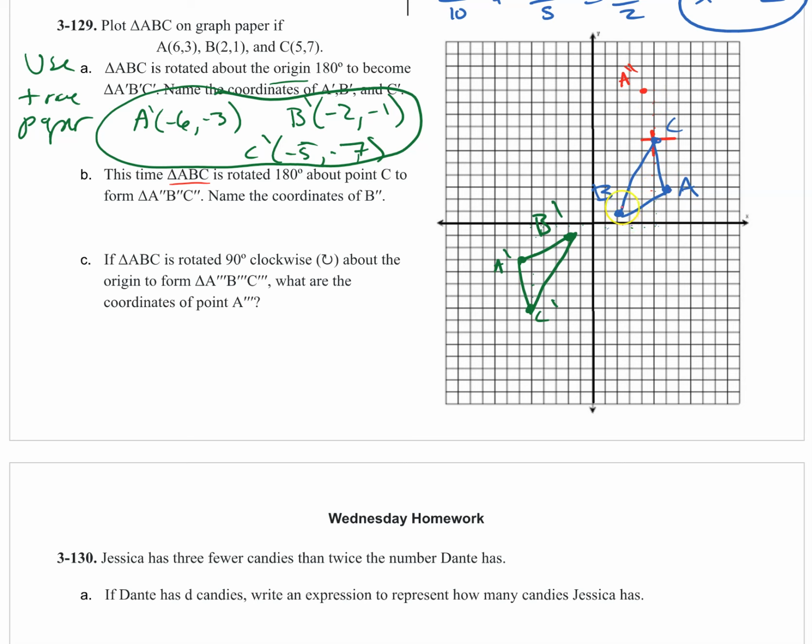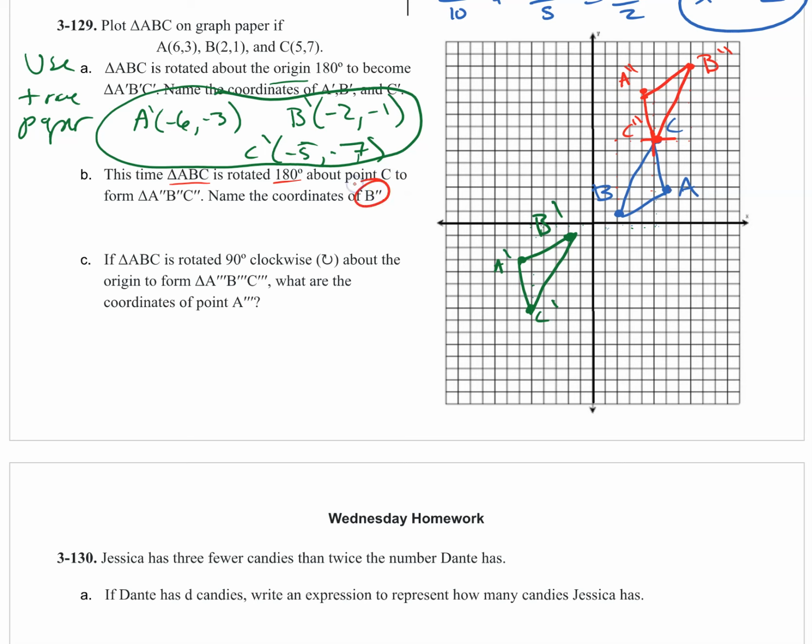And then B is going to be somewhere up here. 180 degrees means goes kind of opposite to C, so that's 6, 3. So I go 1, 2, 3, and then 4, 5, 6. And there's my B double prime. And then C, since we're rotating it about this point, C double prime stays in the same location.